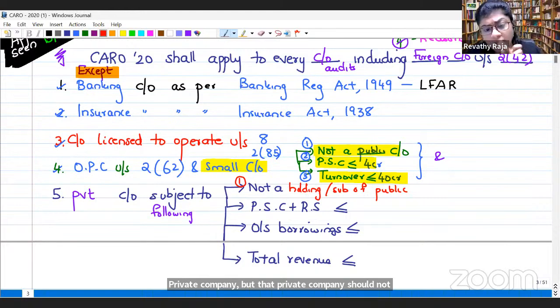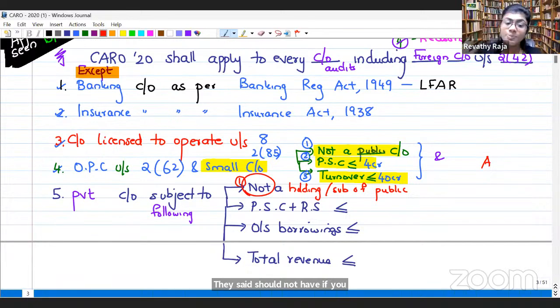If there is, is CARO applicable or not? If our private company has a holding or subsidiary that is public, then CARO will be applicable. They said it should not have; if you have, you won't get the exemption, meaning CARO is applicable. I hope it's clear.